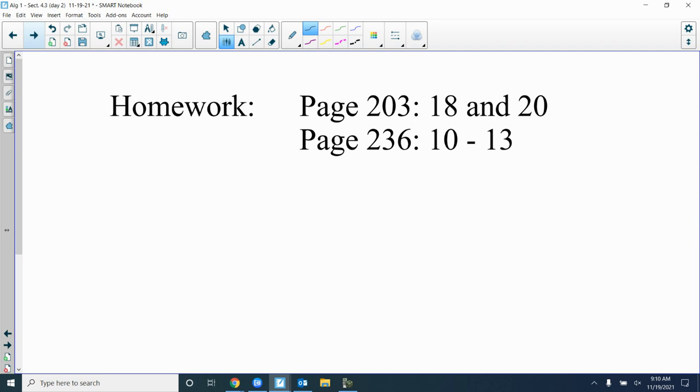Abby, we need to get done with these 18 and 20 pages here. Was that it? Okay, all right. Maddie, you need to get done with these 3 before you leave.